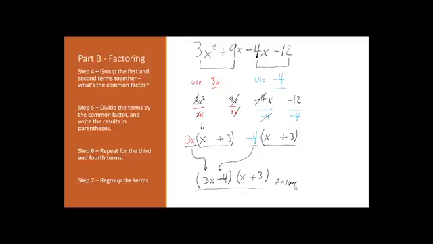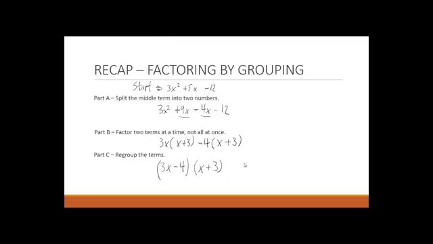Well, that was kind of an involved process, so let's recap that real quick. We started with 3x squared plus 5x minus 12, and that was going to be very difficult to factor on its own. So what we did is we split the 5x into 2 terms, and then that leaves us with 4 terms, but we do not factor all 4 terms at once.